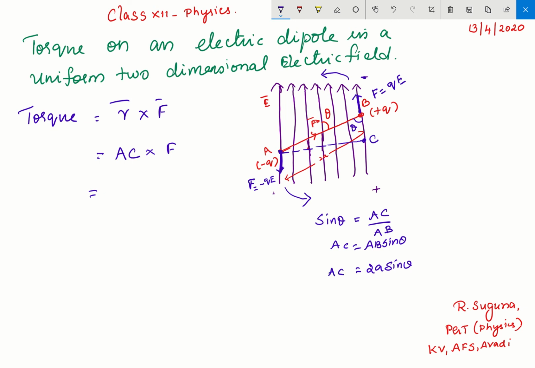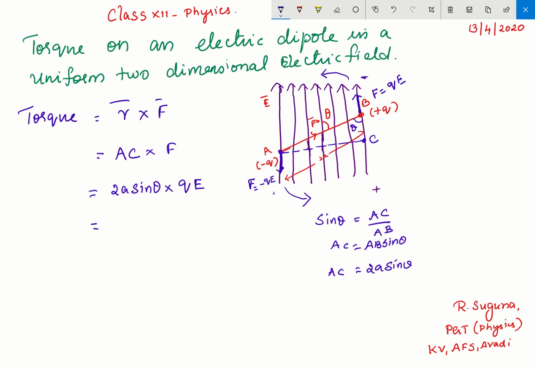Therefore, you can substitute here. It is 2A sine theta into either force. What is that? It is QE. Are you following? Therefore, what is that? Q you take.